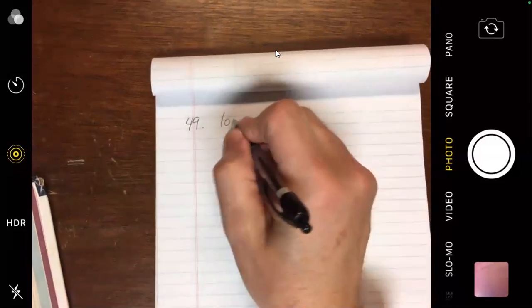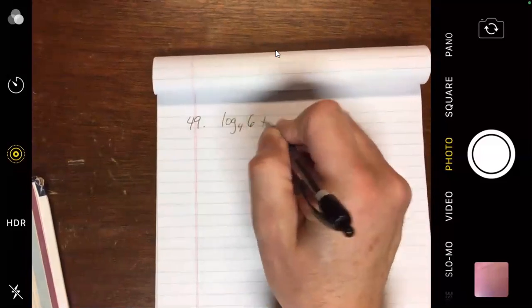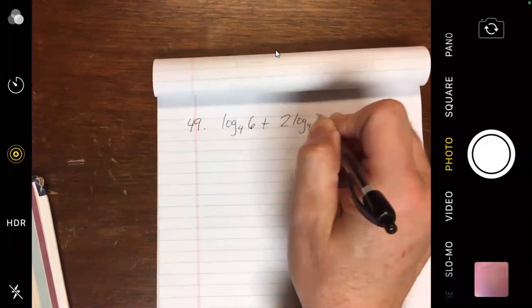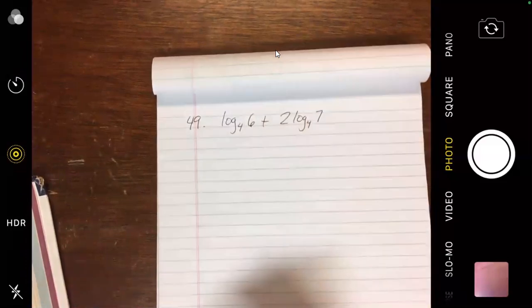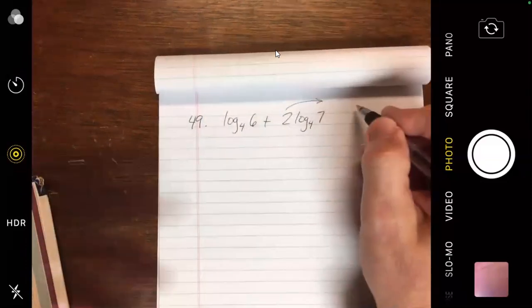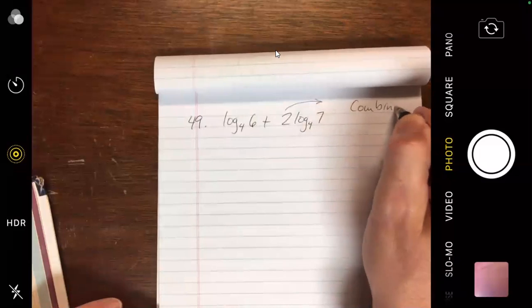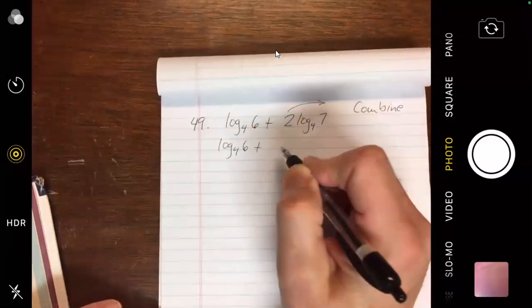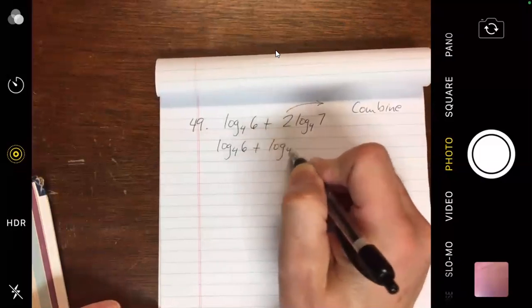Log base 4 of 6, add log base 4 of 7. All right, well, you're going to want your 2 back up first. This is called combining. Log base 4 of 6, add log base 4 of 7 squared.